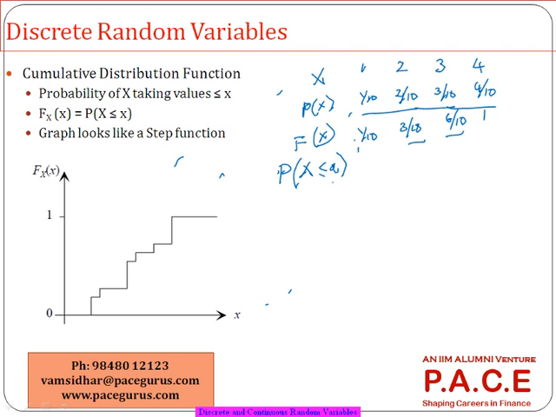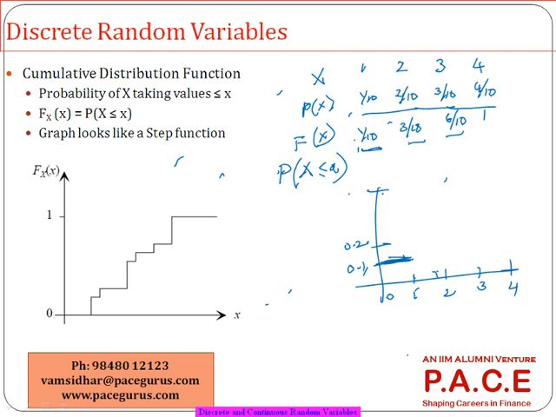So when I am trying to plot a graph for this, it means what? Probability of X less than or equal to 1 is 1 by 10. So if you try to plot a graph like this, x being 0, 1, 2, 3, 4. Less than or equal to 1, it is 1 by 10. So you plot the probabilities here, let's say 0.1, 0.2, something like this. So what you find, less than or equal to 1, in this entire range, your probability is 0.1.